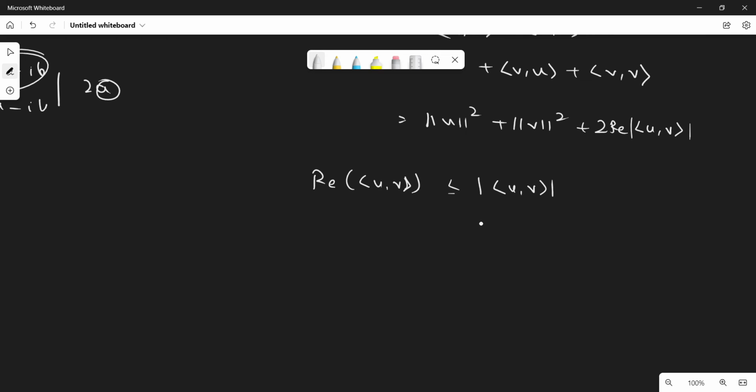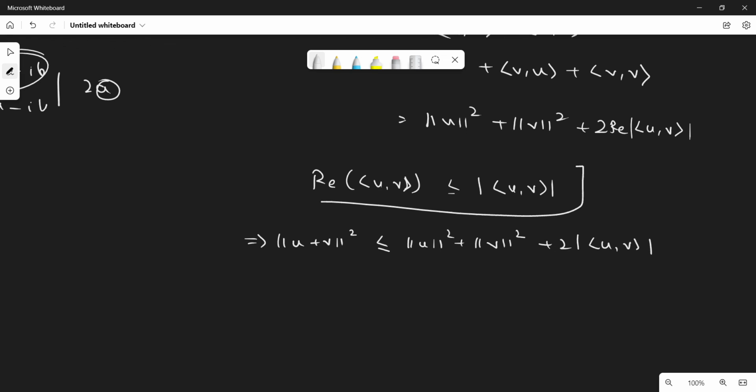So we can replace this, and from here we get norm of u plus v squared is less than or equal to norm of u squared plus norm of v squared plus 2 times modulus of inner product of <u,v>. Clear? You can take the norm of a vector as the modulus of it. Don't care about that. This is pretty simple, pretty observable. You can check it on your own.